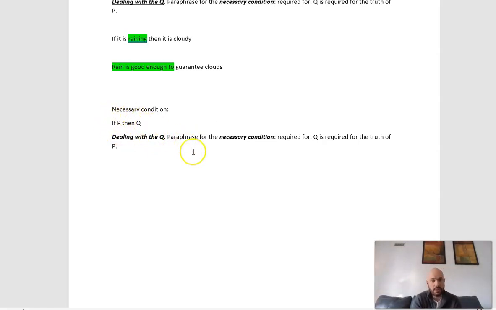The necessary condition is all about requirements, so let's consider it that way. It's all about regulations, requirements. The paraphrase, again, is "a requirement for." So Q is a requirement for, or Q is required for, P. Okay, so that's the expression of the necessary condition.